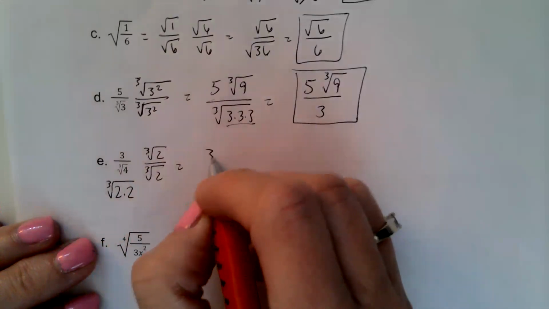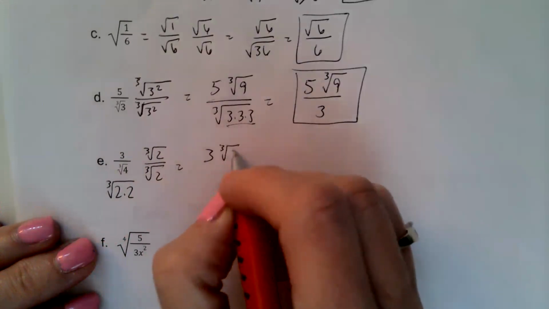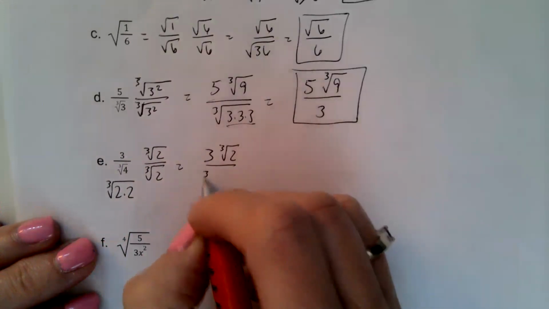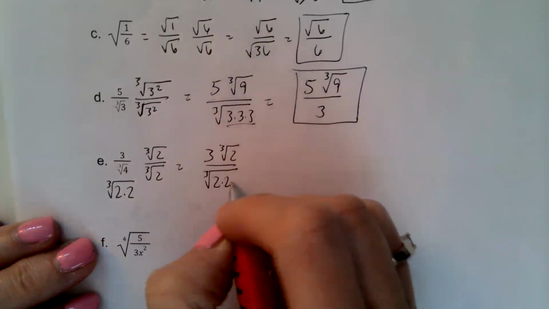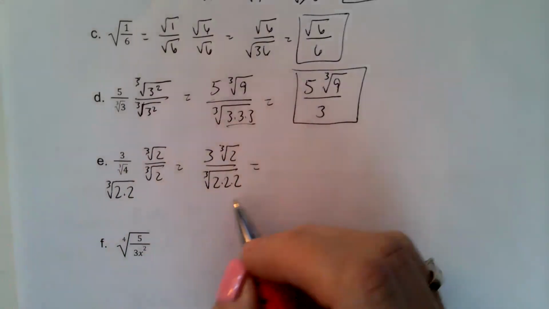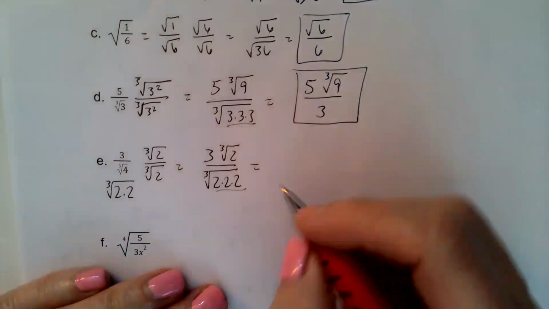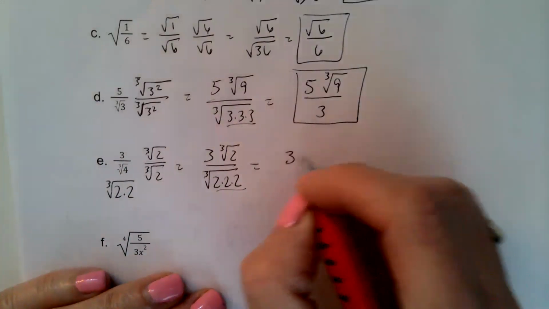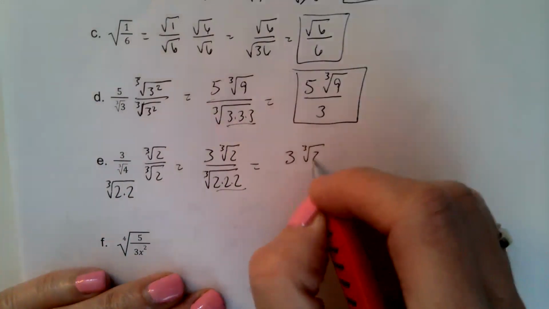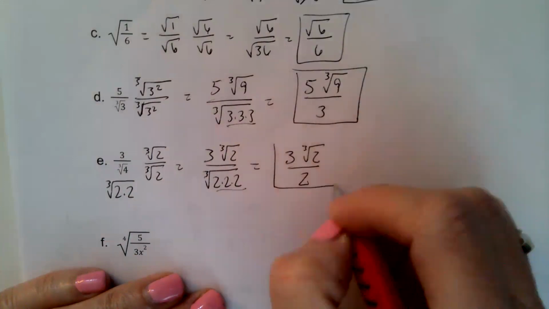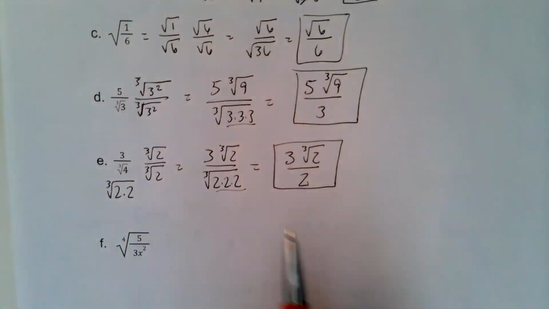So now I have 3 times the cubed root of 2 over the cubed root of 2 times 2 times 2. I have 3 of them. So that means I have 3 times the cubed root of 2 over 2. So the cubed root. Okay, let's see if we can extend this further.